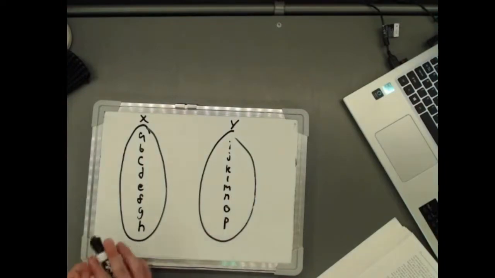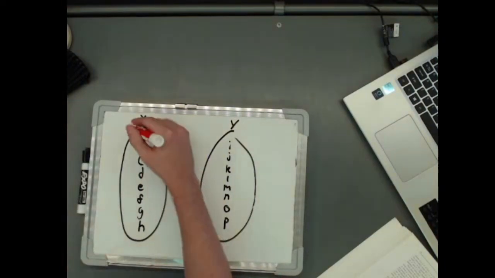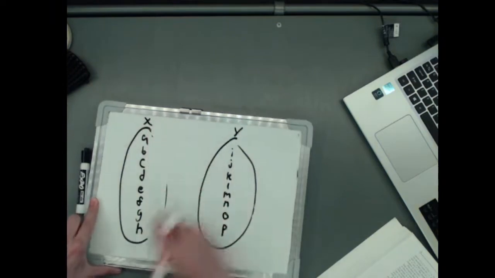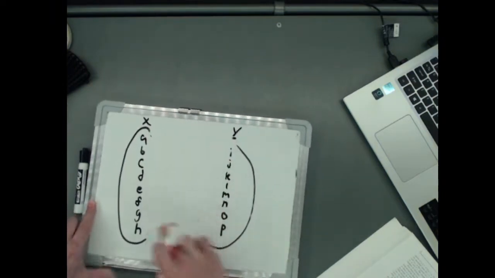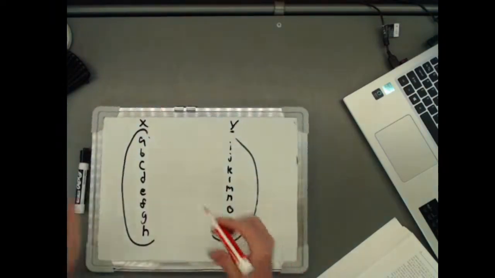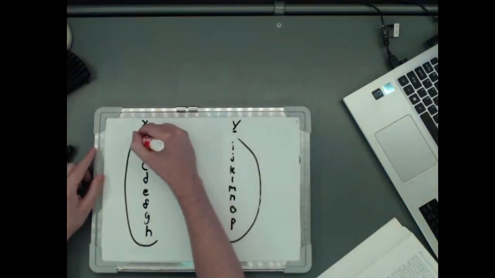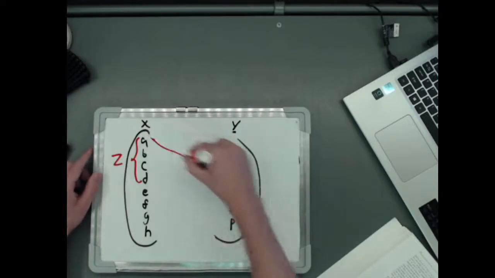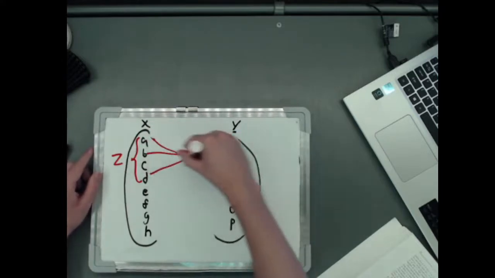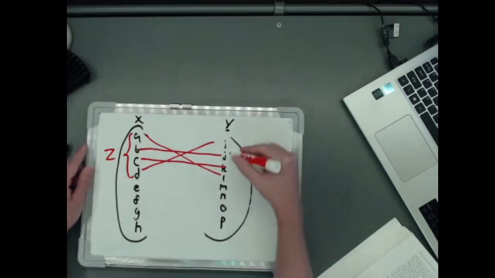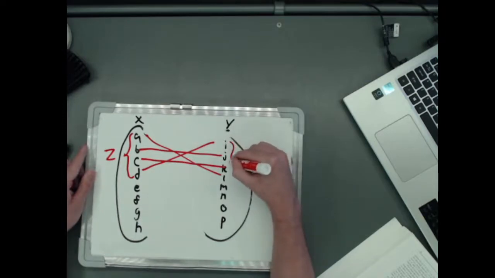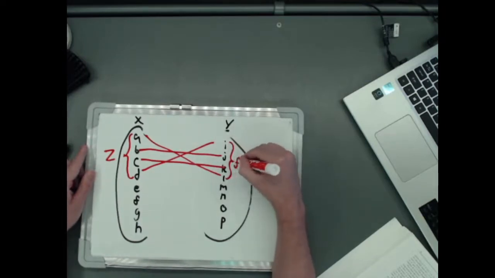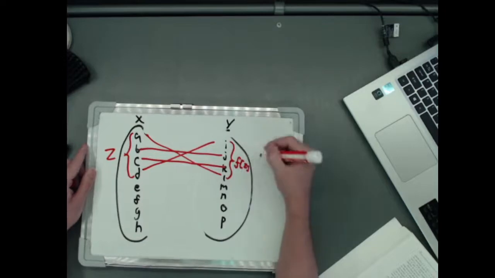Assume Z is going to be A, B, C, D, E, F, and G. Let's say these are all in set Z, and they map, for simplicity's sake, like that, over here onto what will be known as f of Z.